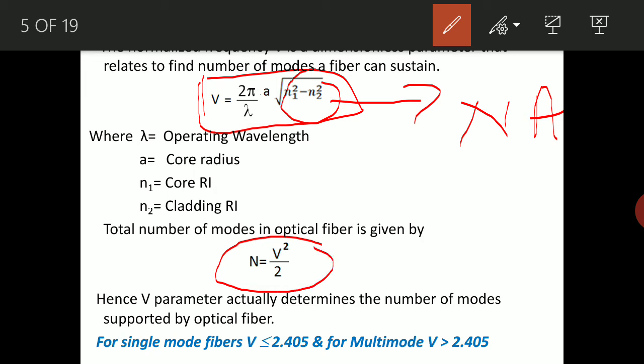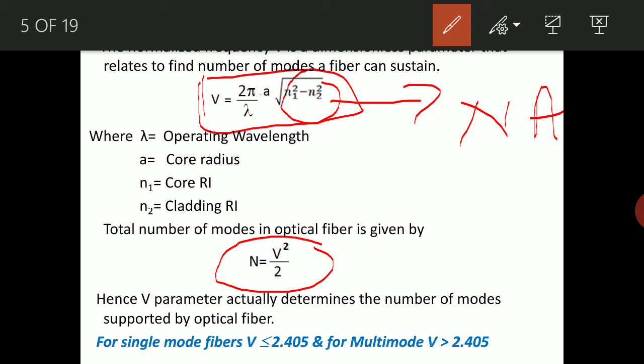So this N gives the number of modes the fiber can have while propagating in a given fiber. Hence the V parameter determines the number of modes the optical fiber is going to support.